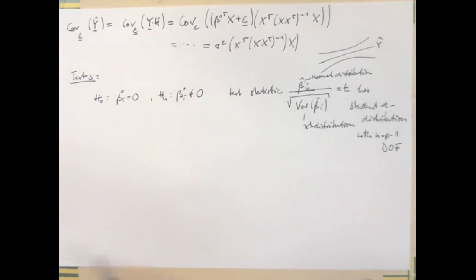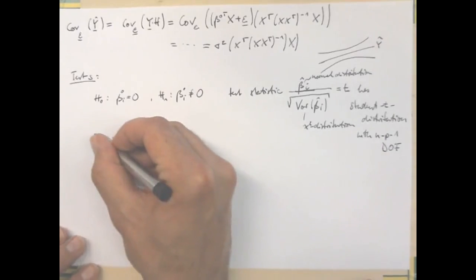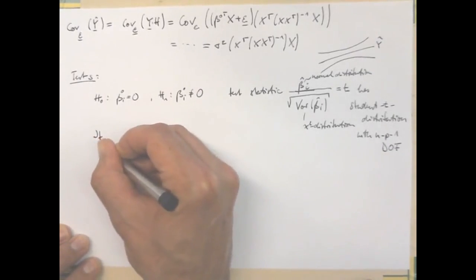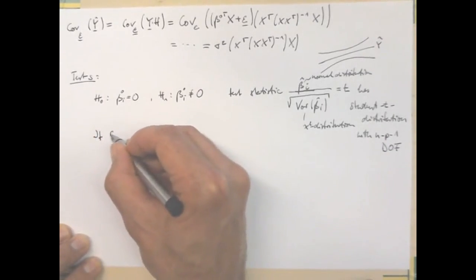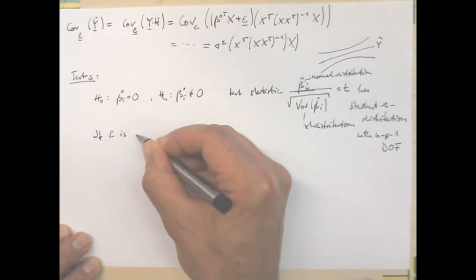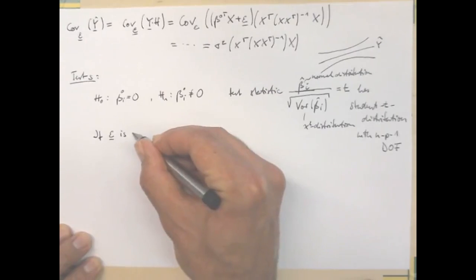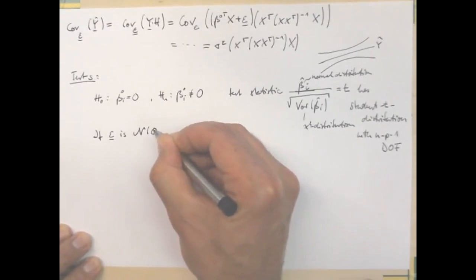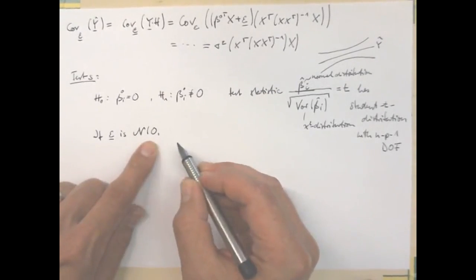Okay. So if this epsilon is normally distributed, so we always said that its expectation must be 0.